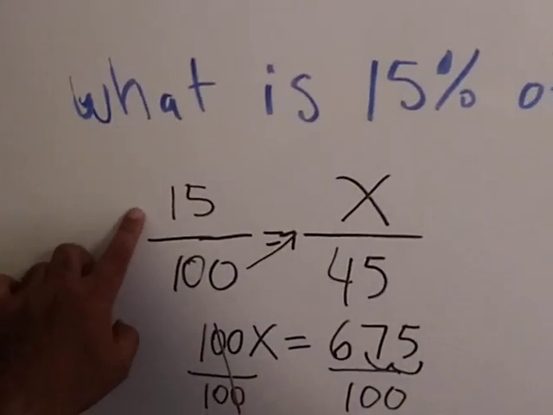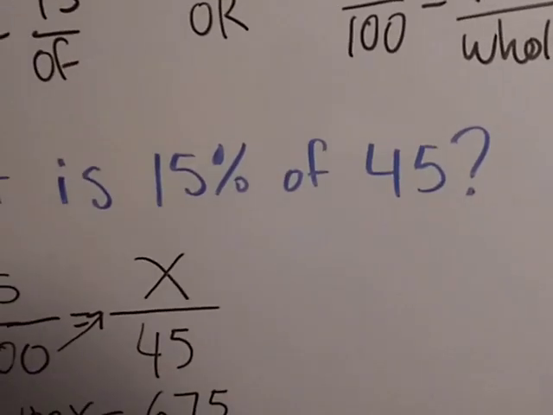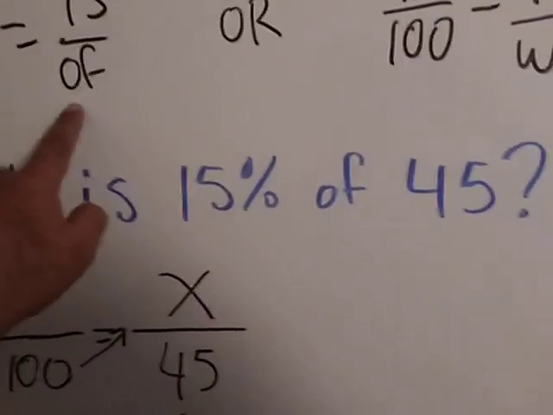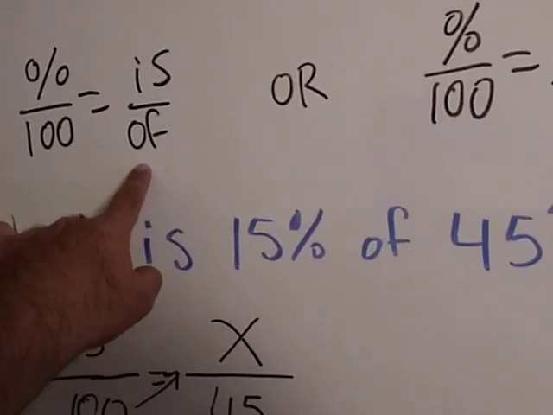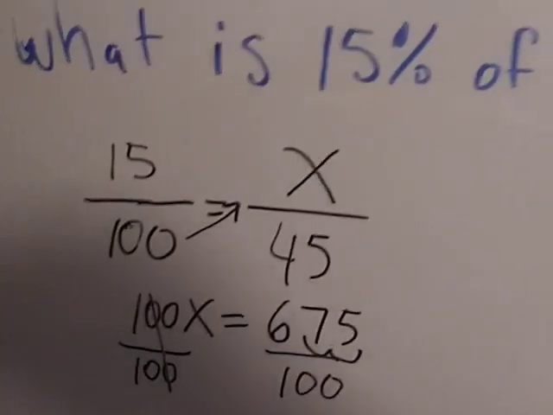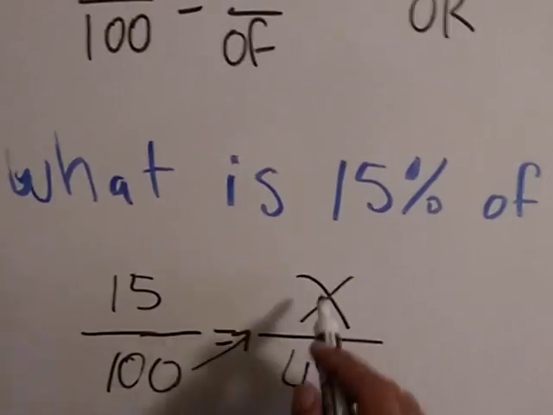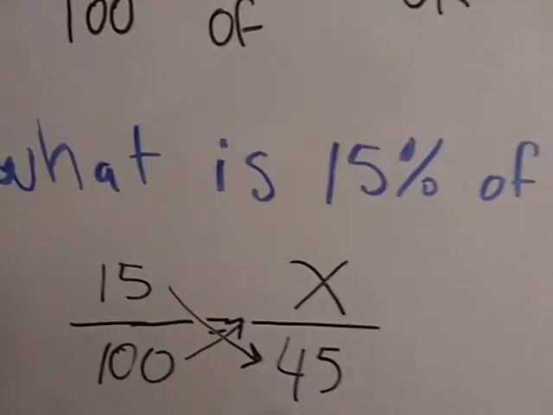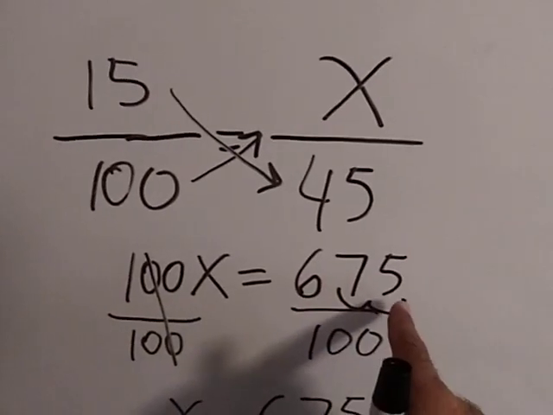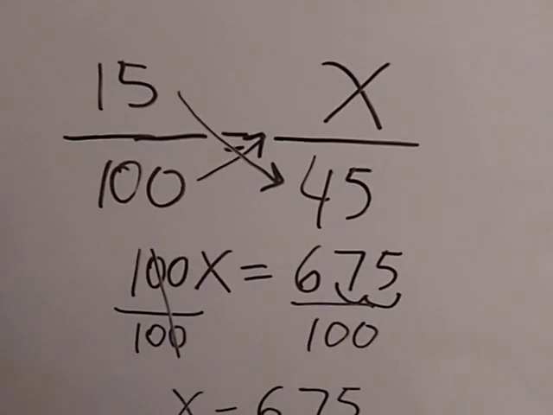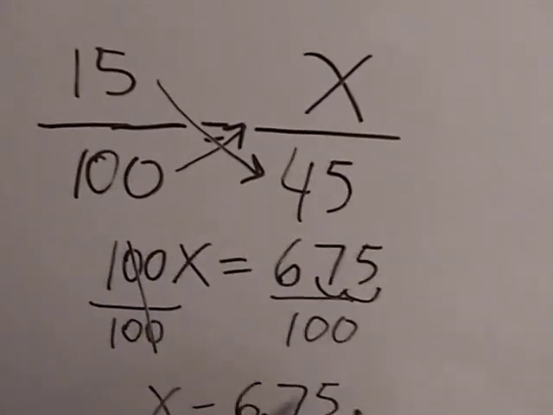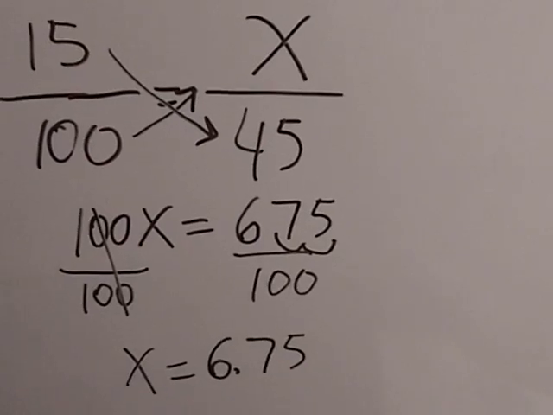And then we were also given the value of 45, which corresponds to the denominator on the right side of the equal sign. We proceeded with cross multiplying 100 times x, and then 15 times 45, which gave us 100x equals 675. And in isolating the value of x, we divided both sides by 100, and that's how we got the 6.75.